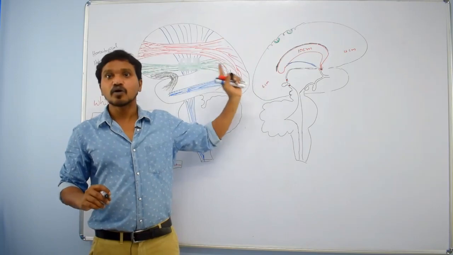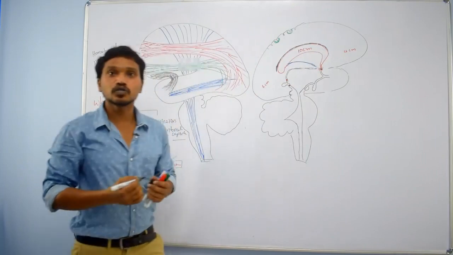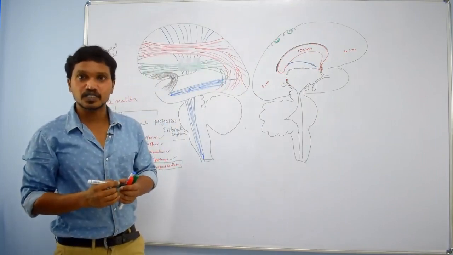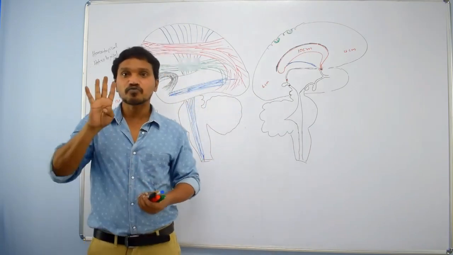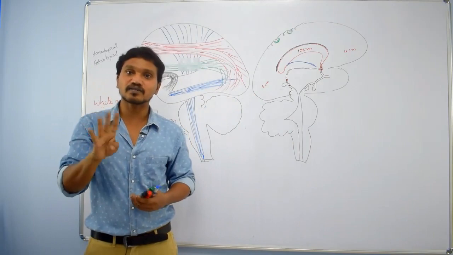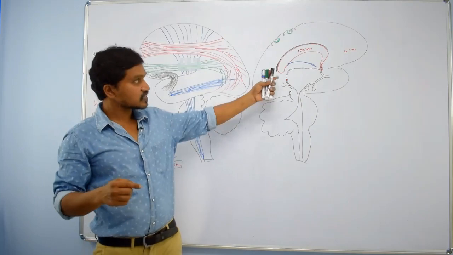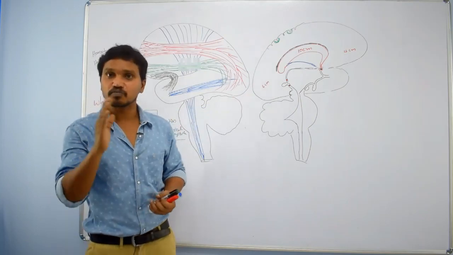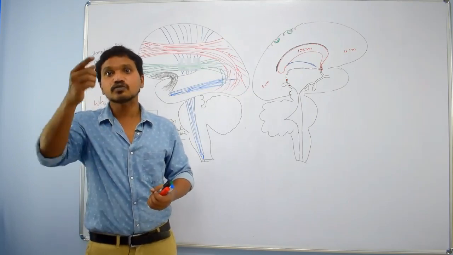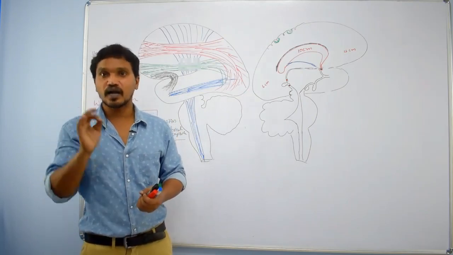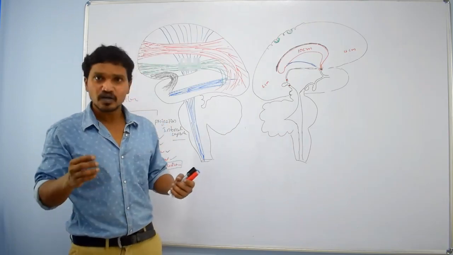In this session, what is the superior relation? Indusium griseum. Within that indusium griseum, you can find four bands of white matter. Those four bands of white matter are present within the substance of indusium griseum. Those bands we are calling the medial and lateral longitudinal stria. Four means what?